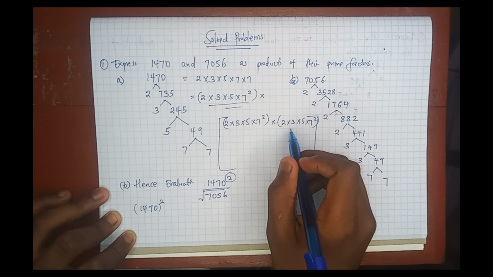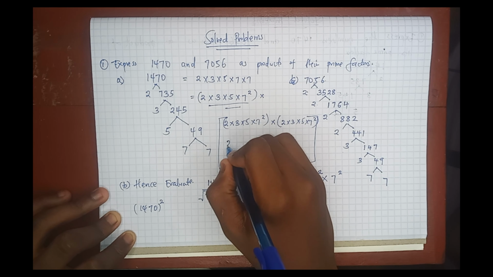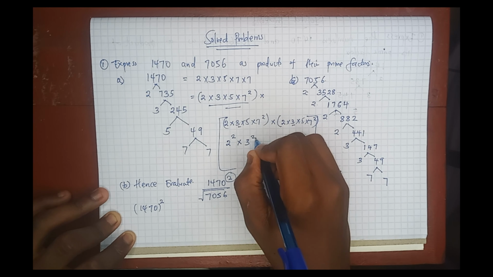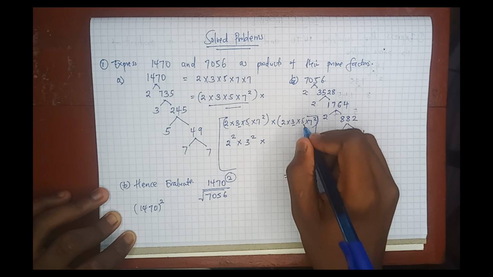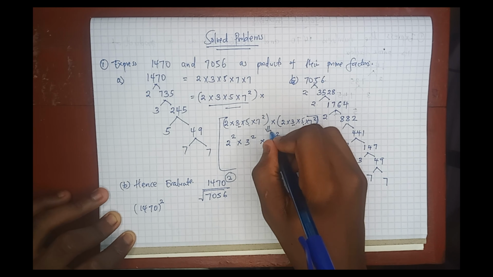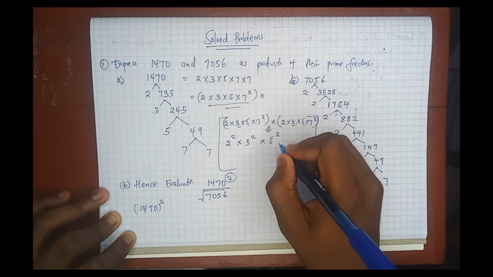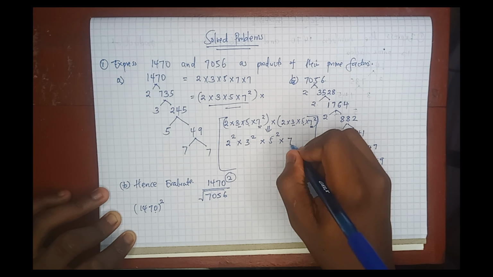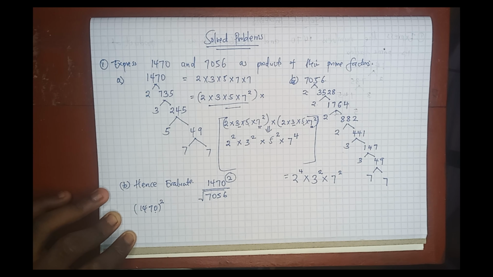So when you combine, the 2s will be two, so it will be 2 squared times 3 squared times 5, there are two 5s, 5 squared. So for the product of 1470 squared, the 7s are two here and two here, so here it will be 7 power 4.